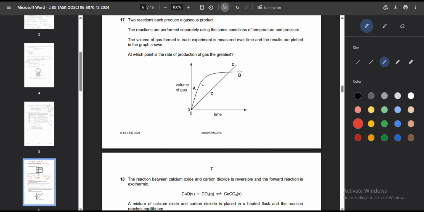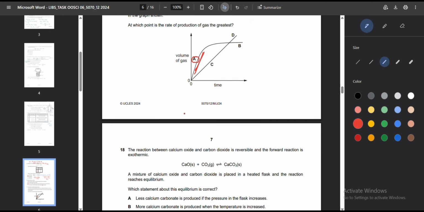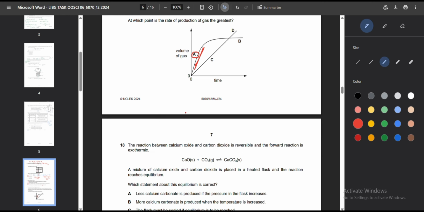Alright, so when the reaction takes place, the point where the graph is the steepest or has the maximum slope or gradient shows the highest speed or the highest rate of reaction. So it's point A. Over here the graph is the steepest. Here the rate of reaction is maximum.